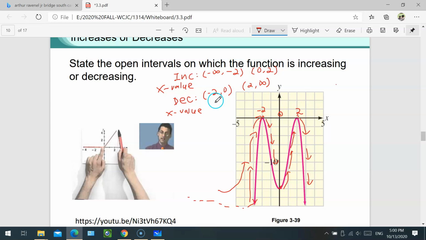Two components you need to understand when you represent the increasing or decreasing interval. Number one, they always go with a parenthesis. No bracket for the interval when you represent the increasing or decreasing.